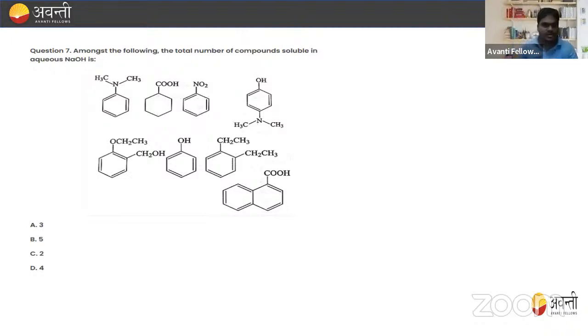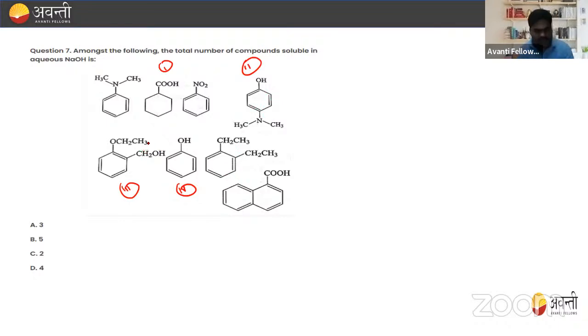So identify the ones. So this is the OH, COOH group, that is number 1. Number 2, 3, and yeah, so this is the first group, and this phenol is also, right? So this is the phenolic OH group, and this is also 3, and the next is COOH, 4.